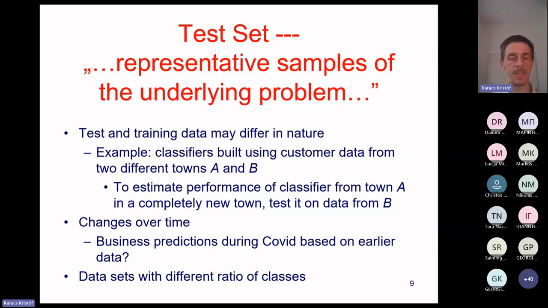So in a business scenario, when businesses try to make decisions during the COVID pandemic, using data that was gathered previously, then the performance of those models trained earlier actually fell quite significantly because of the very different nature of the samples coming in this new era.